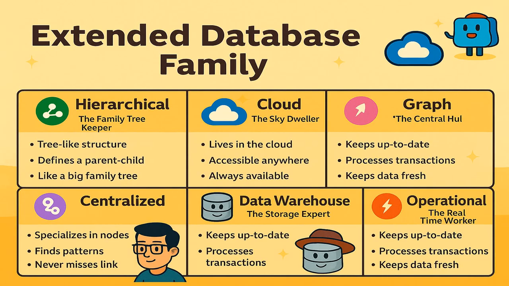Let's walk through them. First up are hierarchical databases. These store data in a tree-like structure. Think of folders inside folders. They are ideal for highly structured, predictable data like a company's internal organization chart or government records.